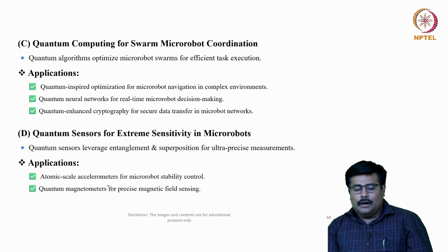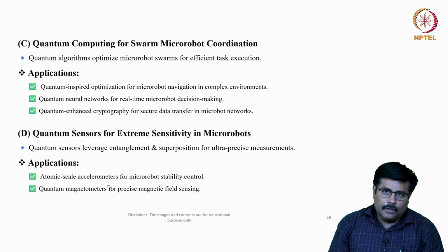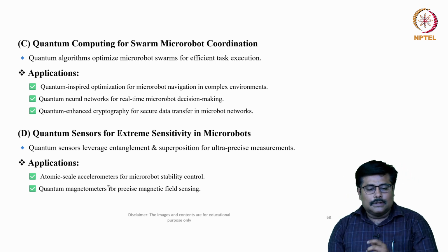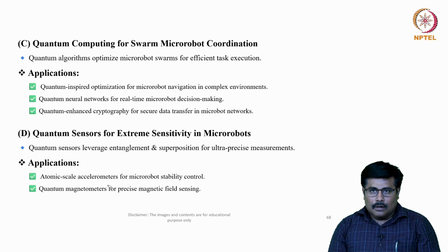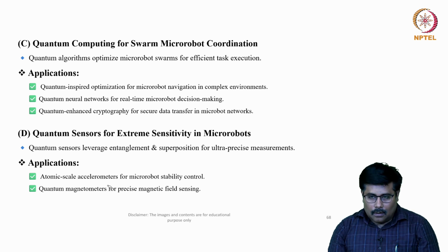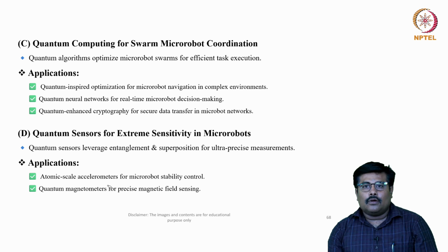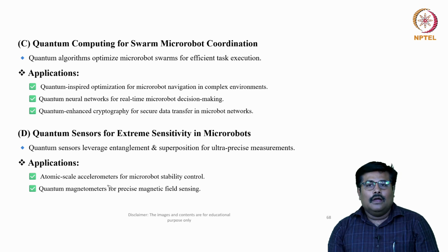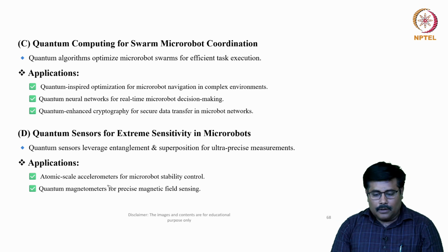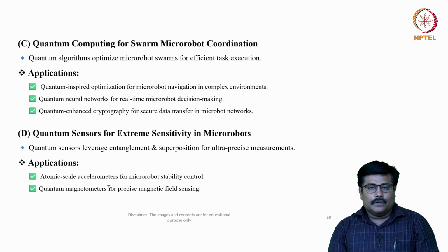So there are different applications. These include quantum-inspired optimization for micro-robot navigation in complex environments, quantum neural networks for real-time micro-robot decision making, and quantum-enhanced cryptography for secure data transfer in micro-robot networks.